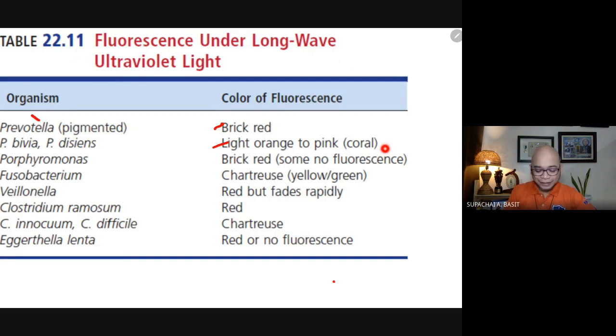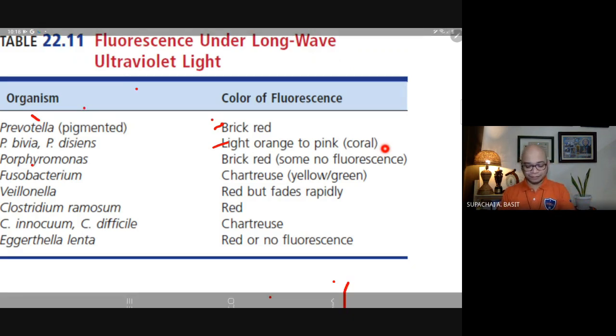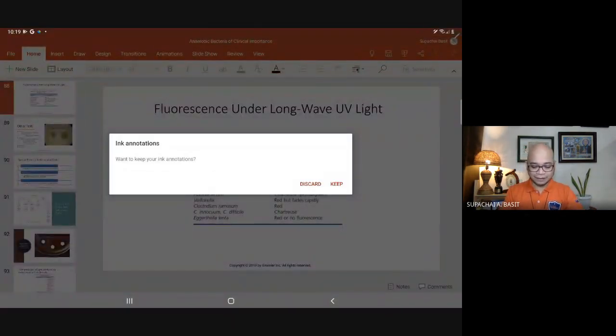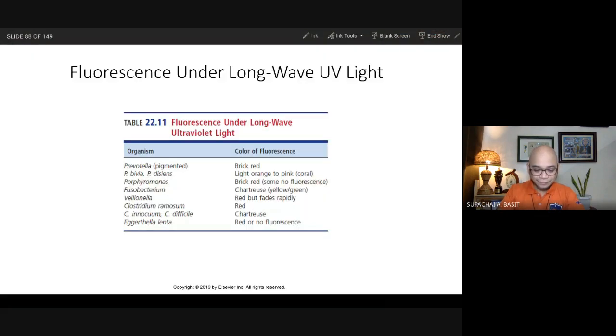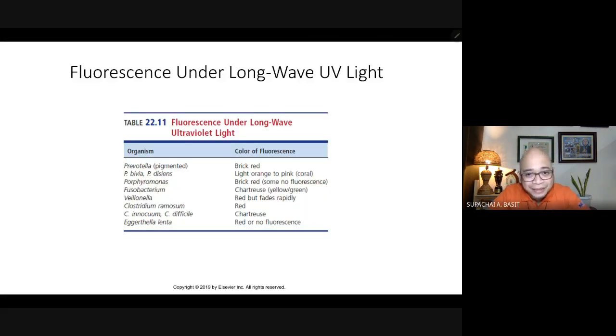For Porphyromonas, it will result in brick red, but no fluorescence for some. Fusobacterium, chartreuse. Chartreuse is actually similar to yellow green, but with a harder spelling.